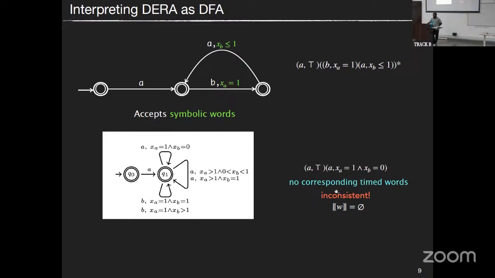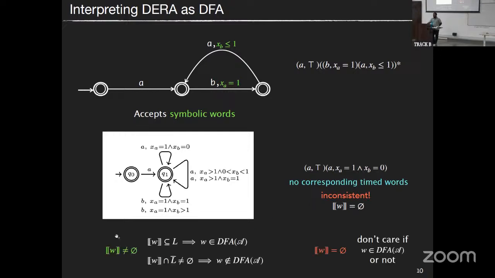So there are two kinds of symbolic words: one is consistent and one is inconsistent. For the consistent words, we expect them to behave correctly. That means if a word is in the language, then it should be in the DFA language also, and if it is not in the language, then it should be rejected by the DFA also. But for the inconsistent words, we don't really care whether they are accepted or rejected by the DFA.